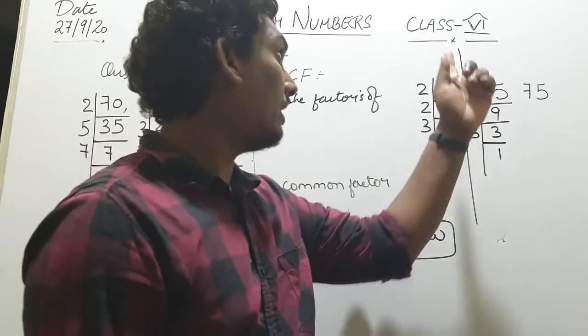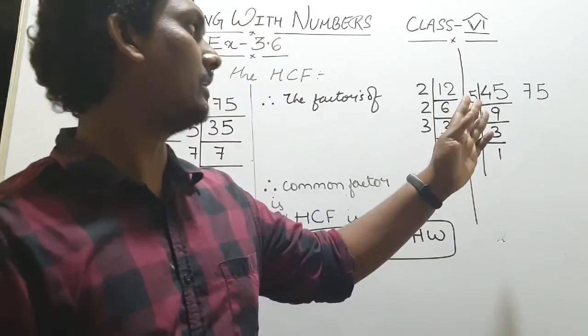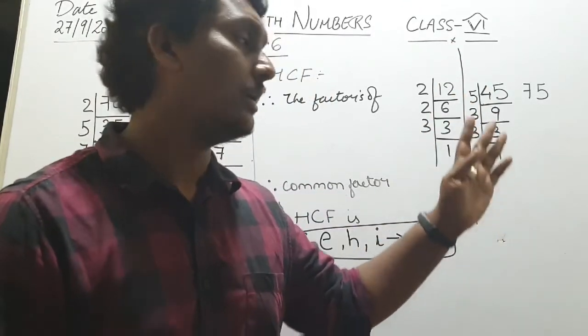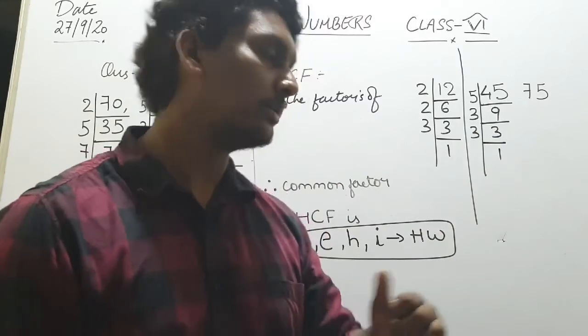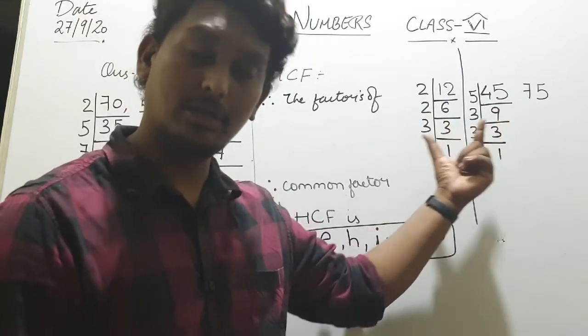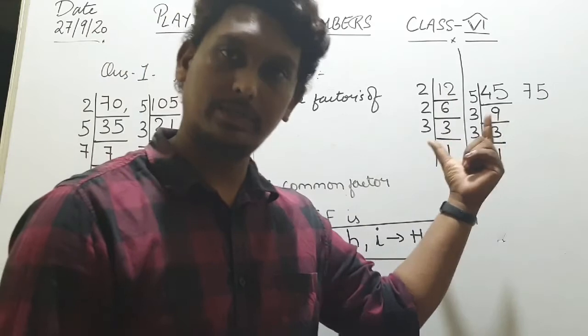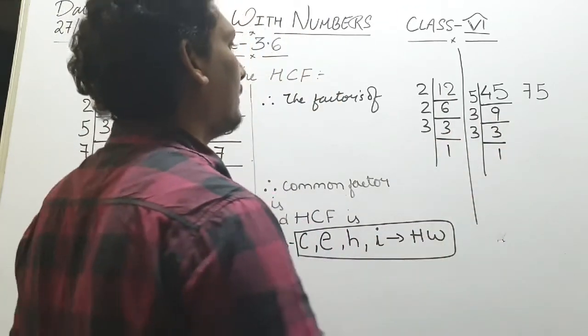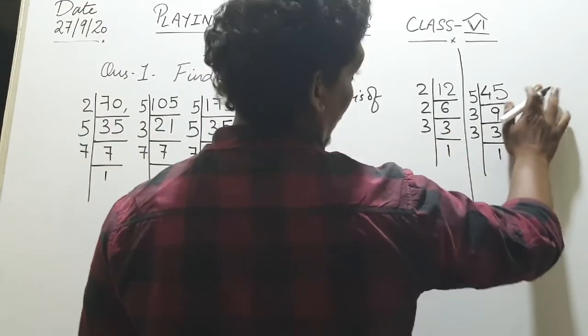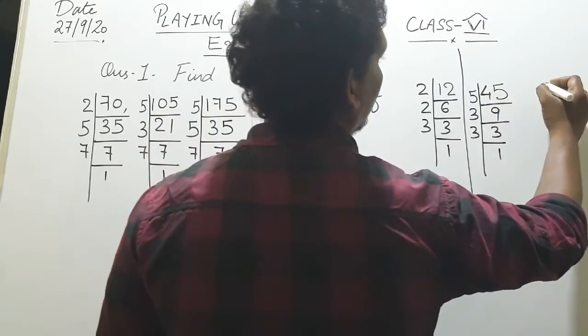I have just made this line so it will be very clear to you. So while writing in the notebook, do it separately, as per my convenience, I am doing this.